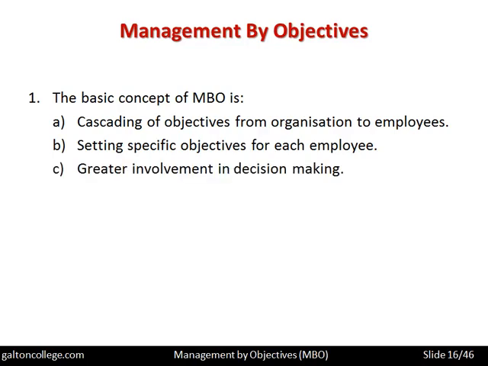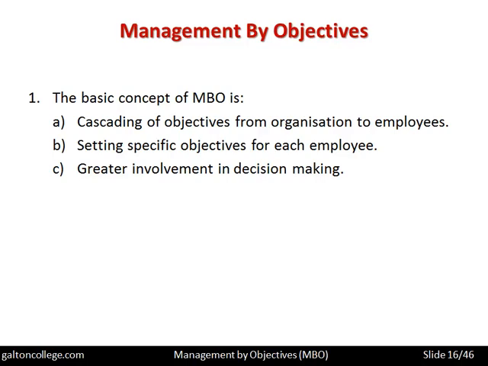There is greater involvement in decision making because of this, because the employees may feed back that the objectives are not realistic, or that there may be some mitigating circumstances that stop them from achieving their objectives. There may be issues, for example some parts of the production system may complain that the raw materials are not appropriate or are poor quality, so it's informing the whole system that there are issues.